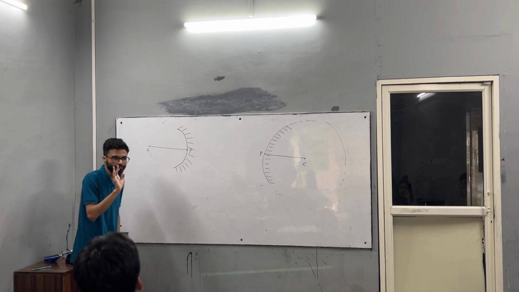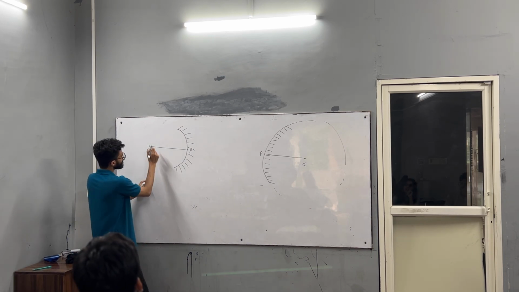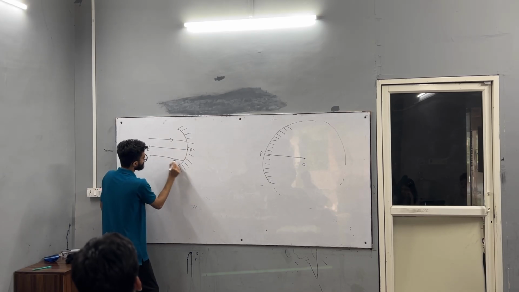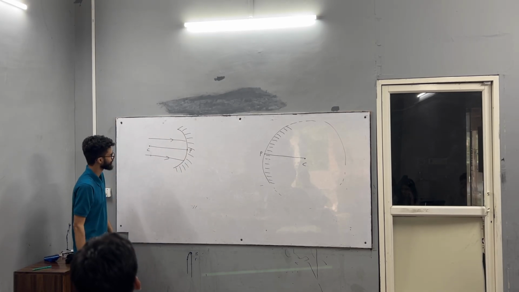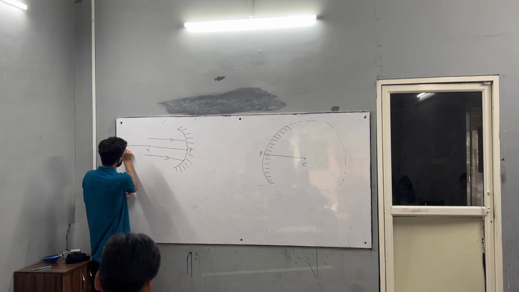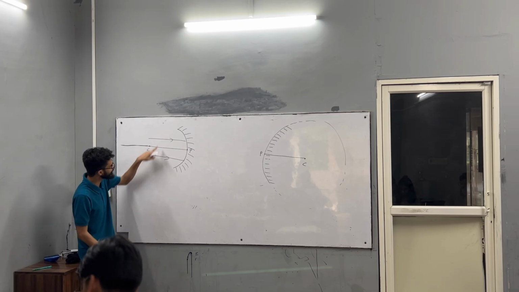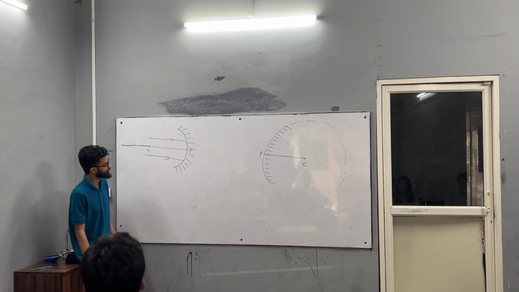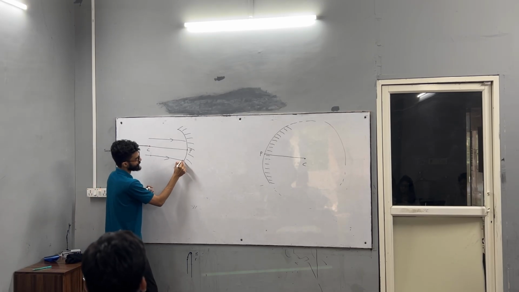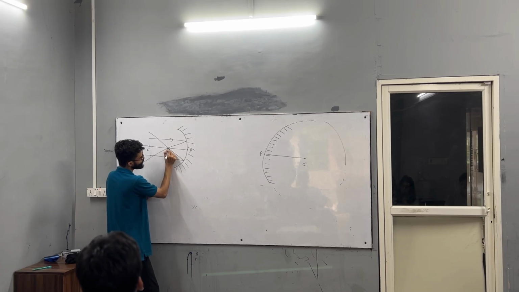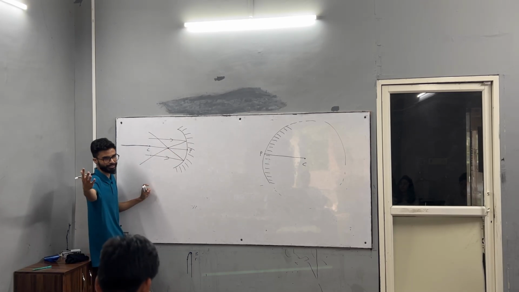Now to define the focus of a mirror, I will take 2 incident light rays parallel to the principal axis. This line joining the center of curvature to the pole is called the principal axis. So are these rays parallel to the principal axis? Now actually what happens after reflection, they will pass through this point on the principal axis.